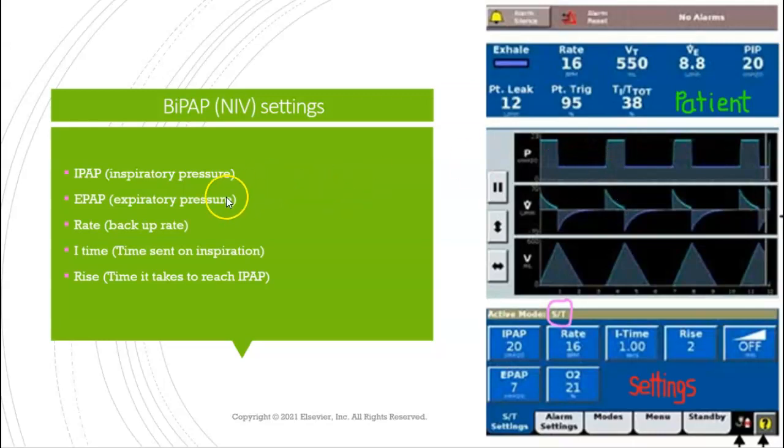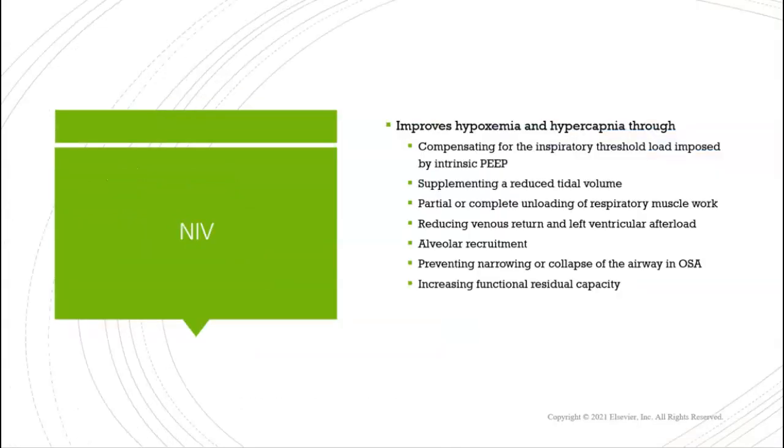But by using BiPAP, the machine is going to make that pressure gradient for me so I don't have to work as hard. So it's going to help me increase my tidal volume. It's going to take that workload off of my respiratory muscles. A side effect of it, sometimes good, sometimes bad, is that it does reduce the amount of venous return.